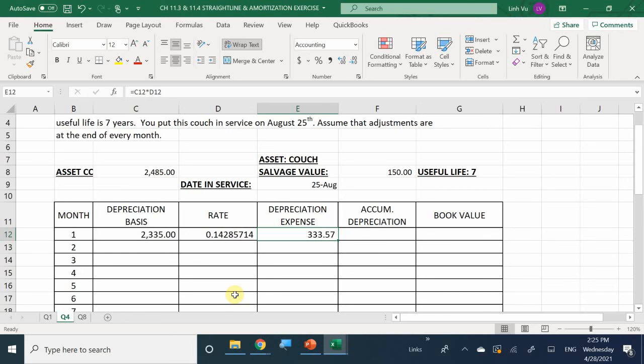Whenever I place into service doesn't matter to me because I'm doing it every month anyway. So I'm not depreciating it for the year. So in this case, it is time sensitive because obviously you need to know which month you're going to be depreciating it. But in this case, I'm doing it every month.